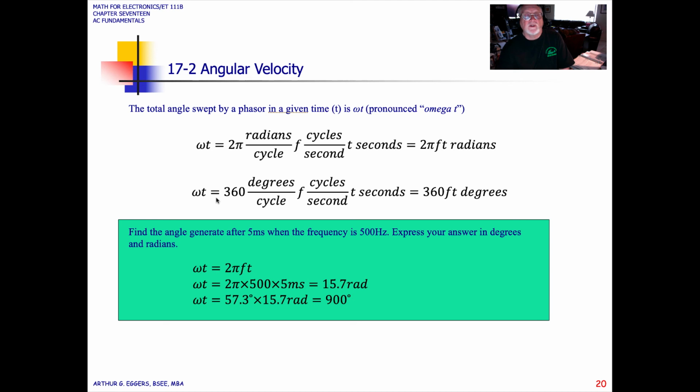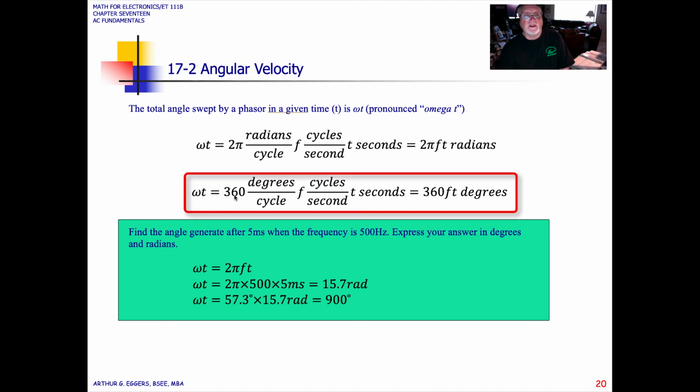We can do the same thing if we're using degrees: 360 degrees per cycle times the frequency, cycles per second. The cycles cancel out, times a unit of time in seconds. The seconds cancel out, and now we get 360 times the frequency times time, in degrees.